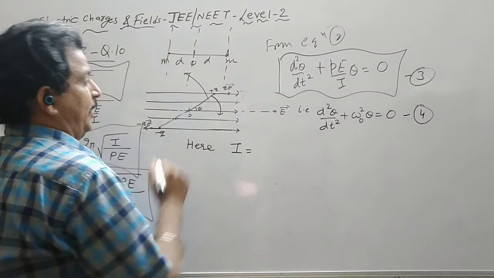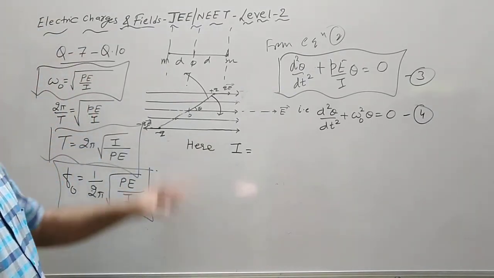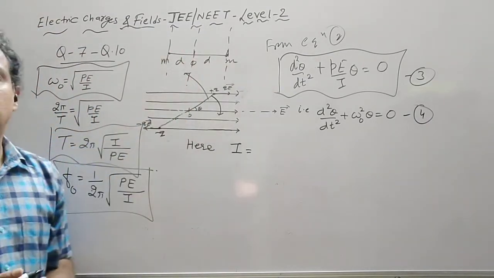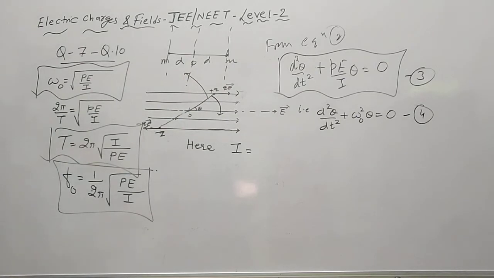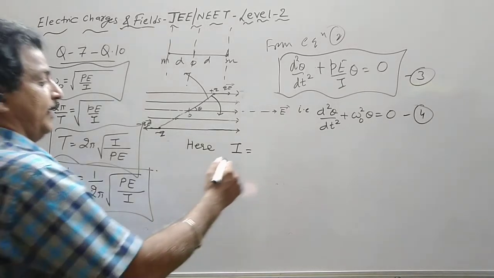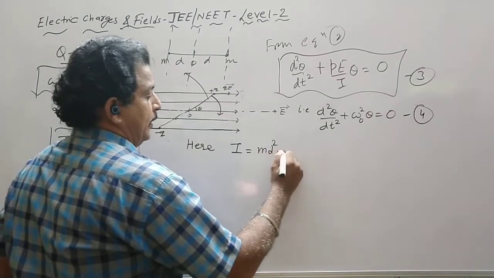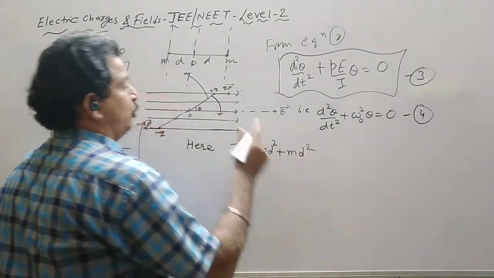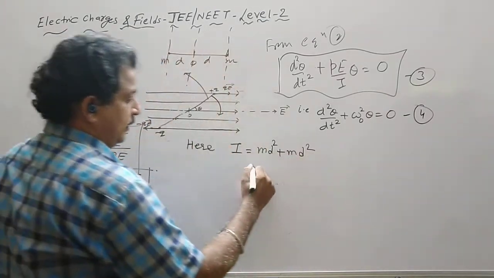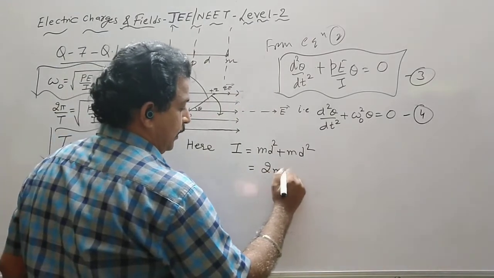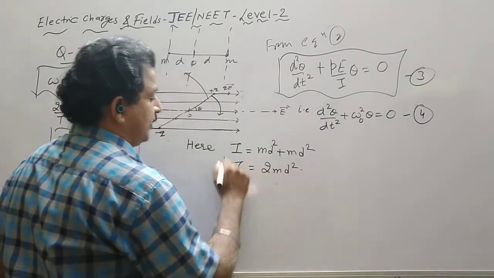I was written as mass into the perpendicular distance, so I was written as md square plus md square. So it comes out to be 2 md square in this case.